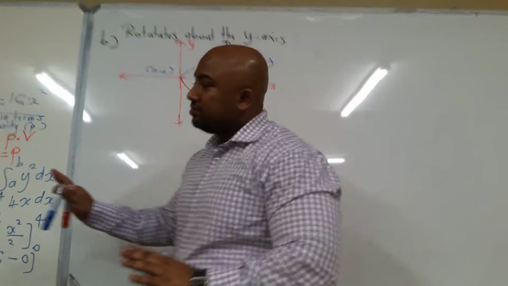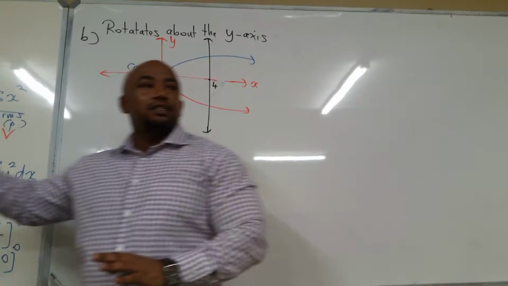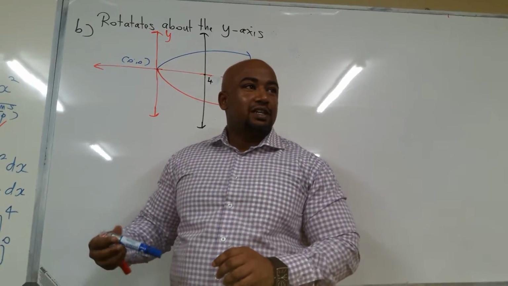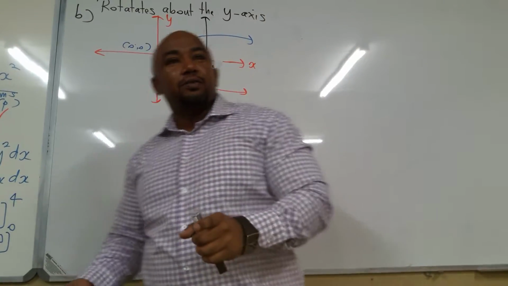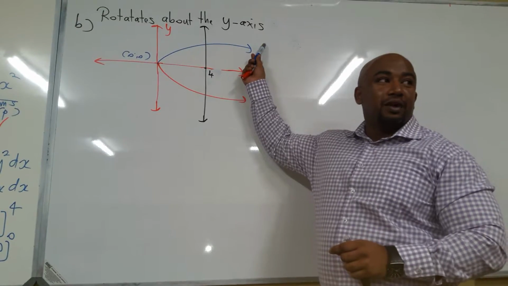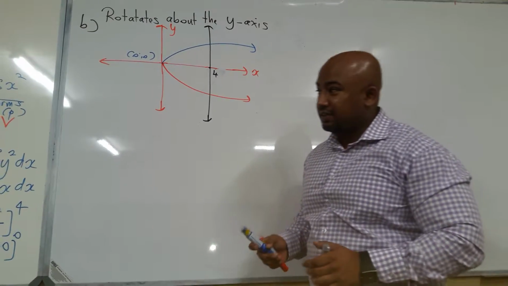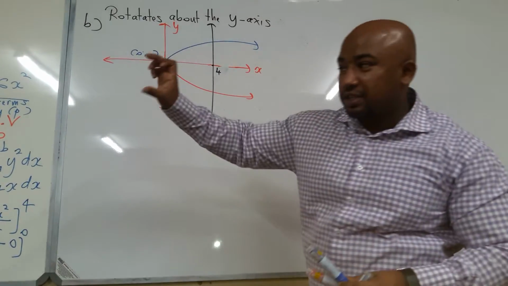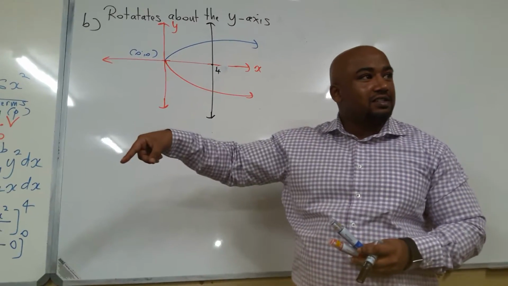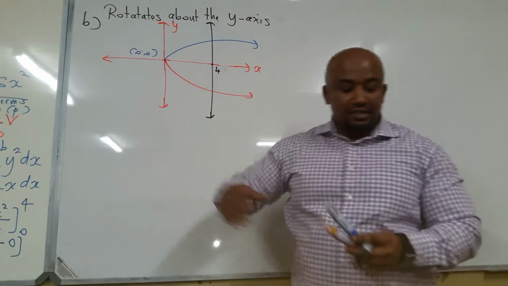Let's assume we are sticking to the same representative element, delta x, but now, which axis are we rotating about? We're rotating about the y-axis. Okay, so there I just took the top area, and if you rotate it around the x-axis, it covers the bottom part.